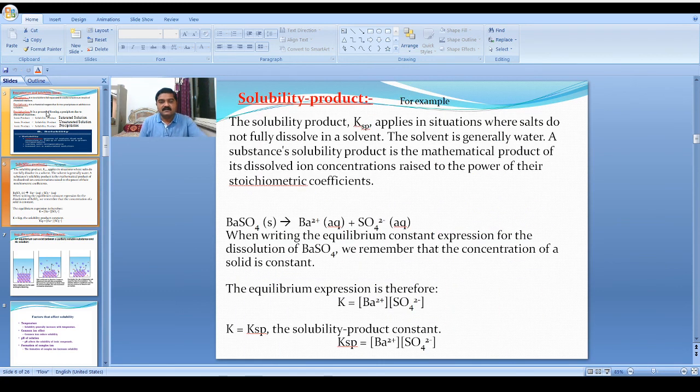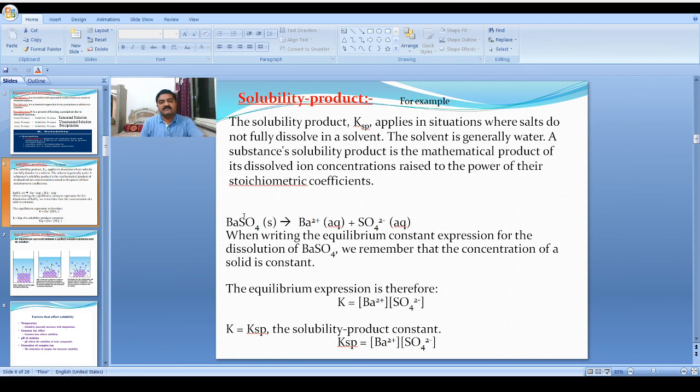Next, the term solubility product. Solubility product is designated as Ksp, and applies in the situation where the salt does not fully dissolve in the solvent. The solvent is generally water, and the substance's solubility product is the mathematical product of its dissolved ion concentrations raised to the power of their stoichiometric coefficients.